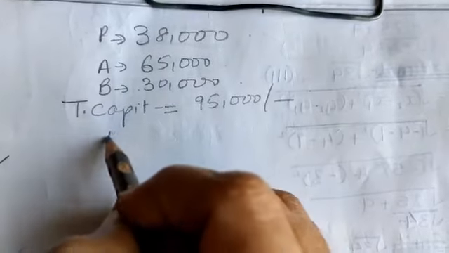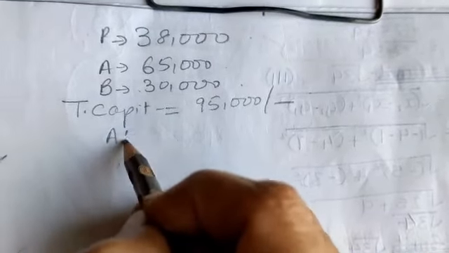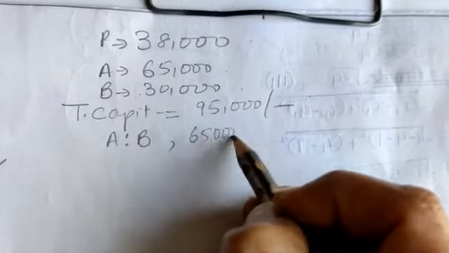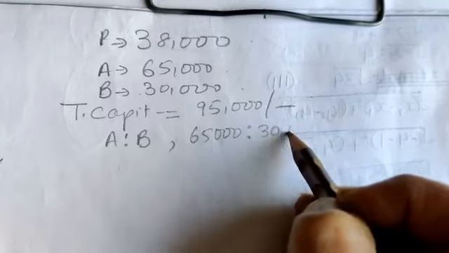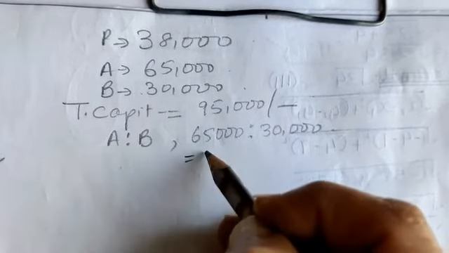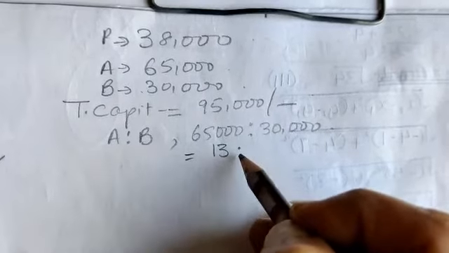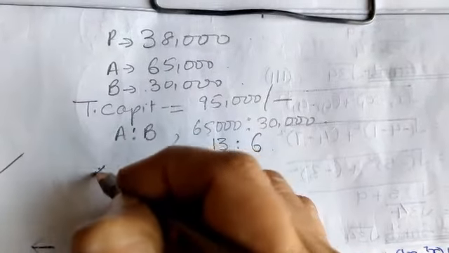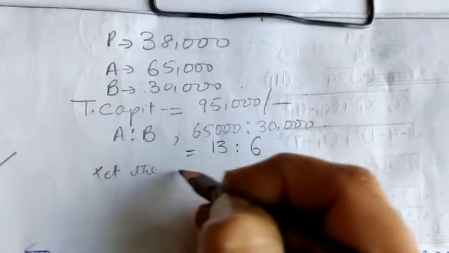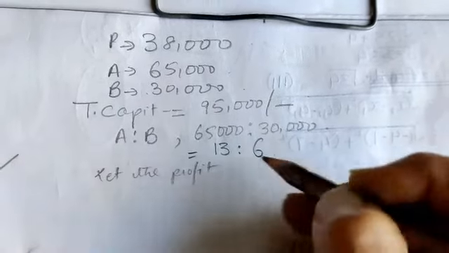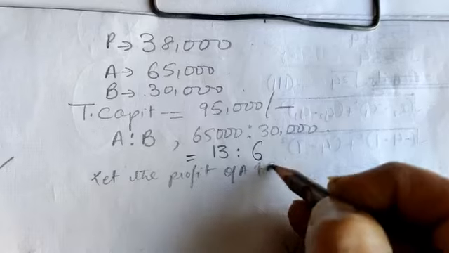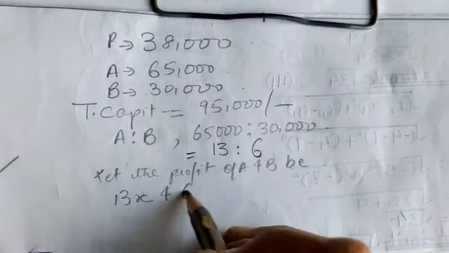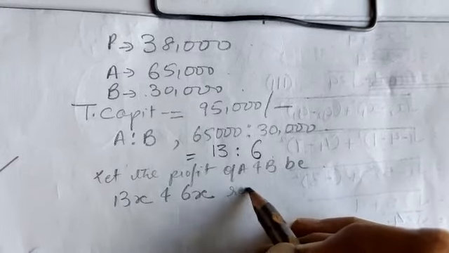Alright, and the ratio of their profit sharing is 65,000 is to 30,000, which when we solve comes to 13 is to 6. Now if we say let the profit of A and B be 13x and 6x respectively.